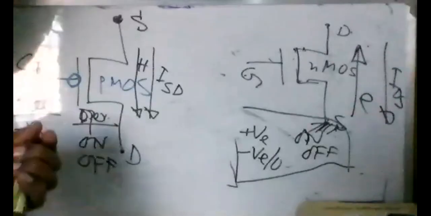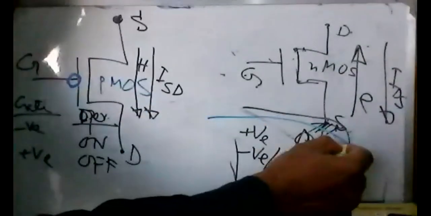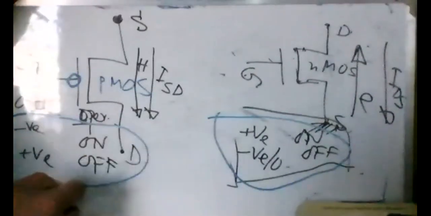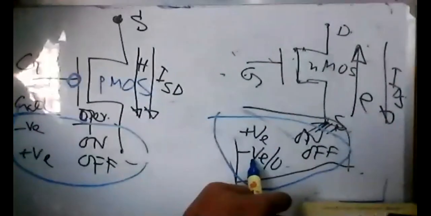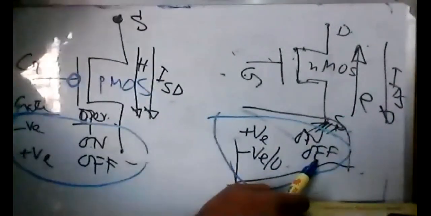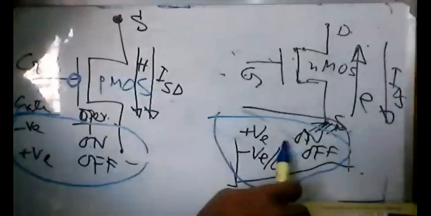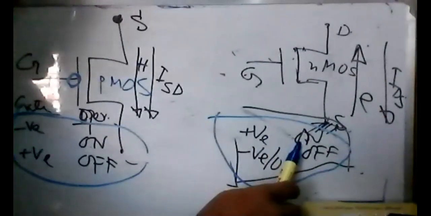Now if you look at those two in here, this is what we need, PMOS and NMOS. If we give negative voltage at the gate, the PMOS will be on, and for the NMOS, negative voltage will turn it off. And if you apply positive voltage at the gate, PMOS will be off and NMOS will be on.